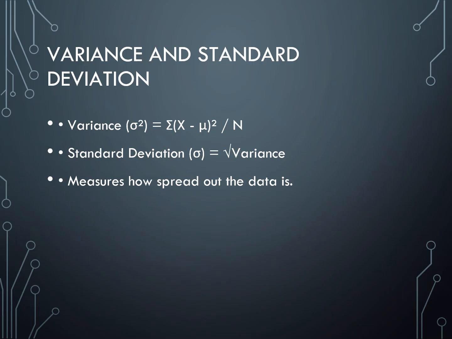Standard deviation σ equals square root of variance. For instance, test scores like 80, 81, 82, 83, 84 have a low standard deviation, meaning most students scored similarly, but scores like 50, 60, 80, 90, 100 have a higher standard deviation, meaning performance varied a lot.